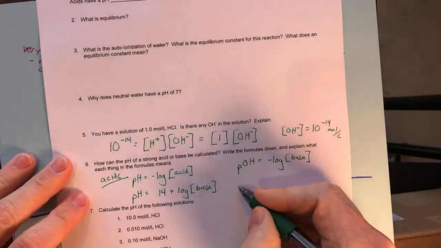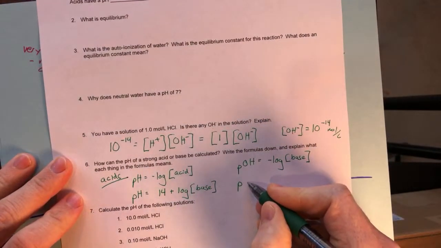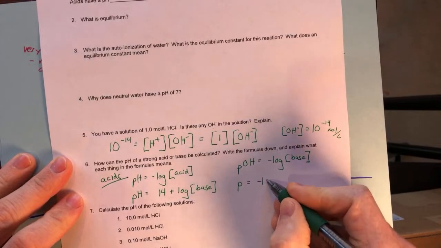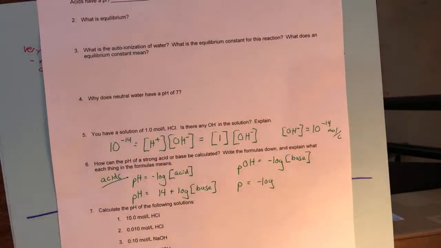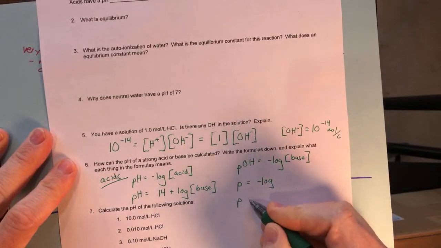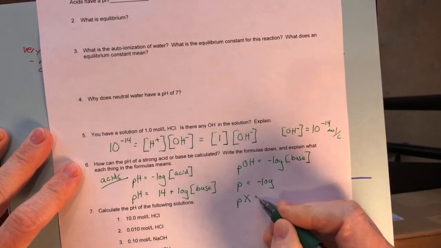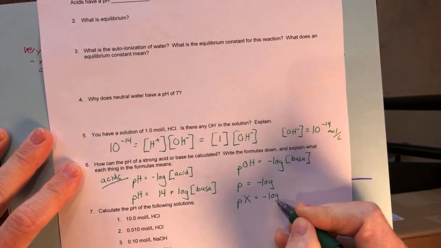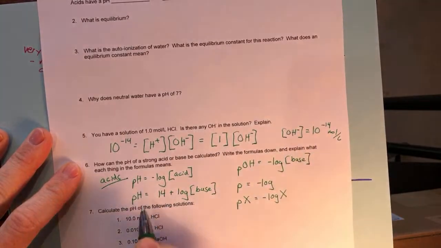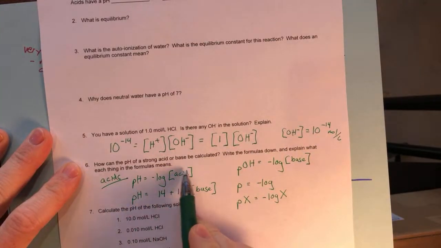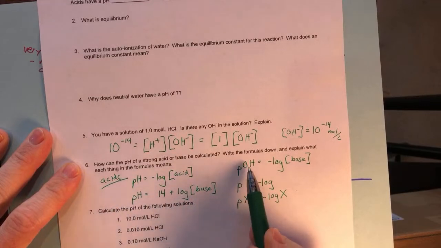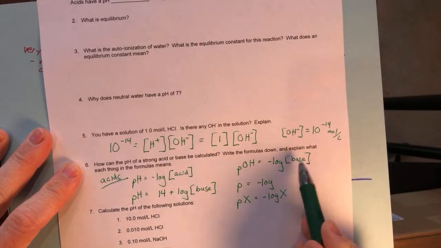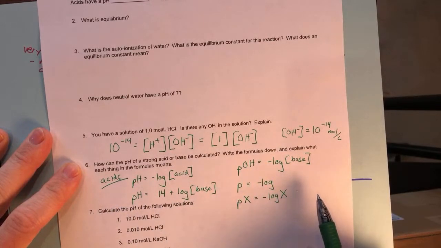P is going to be defined as negative log of something, okay? So p of X equals the negative log of X. So pH is the negative log of the H plus. pOH is the negative log of the OH minus, all right?